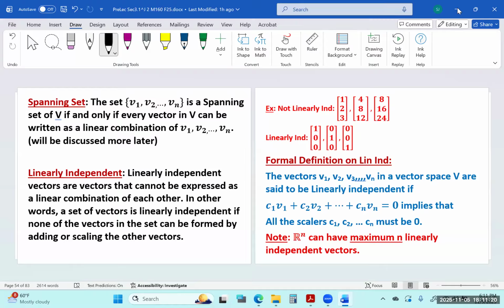So these three vectors are not linearly independent. One vector can be rewritten in terms of other vectors. On the other hand, if you look at the second set of vectors, 1, 0, 0, 0, 1, 0, 0, 0, 1, they are linearly independent. And they are linearly independent because there is no way we can multiply one vector or two vectors with some constant and get the third vector.